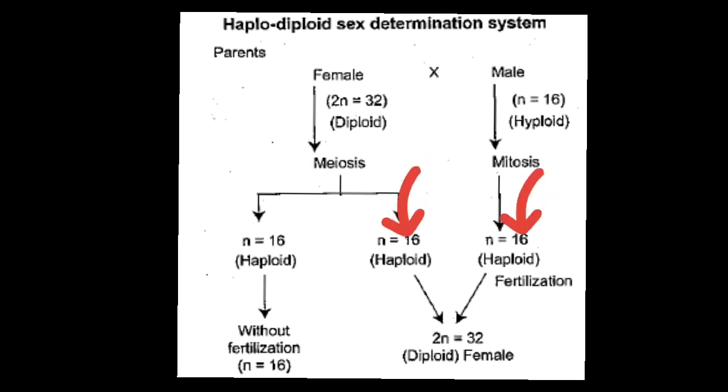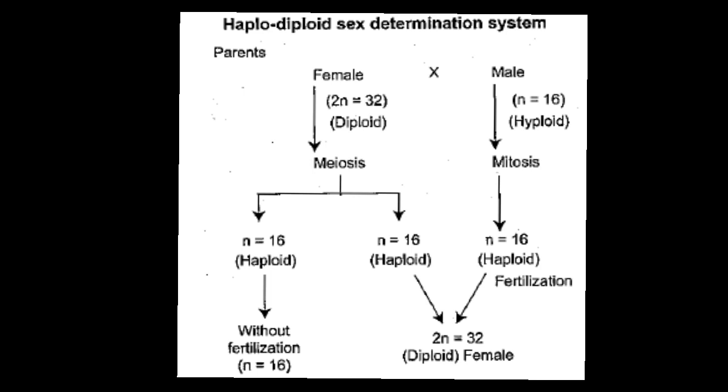Now, what will happen? Yes, fertilization. As we normally understand, the male gamete will go with the female gamete and fuse to make a zygote. So, here you can see 16 chromosomes of female and 16 chromosomes of male fuse to form females.